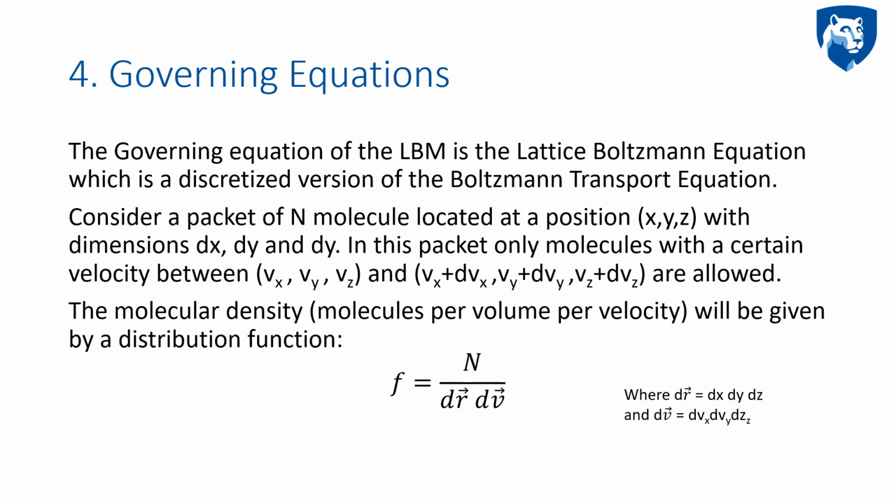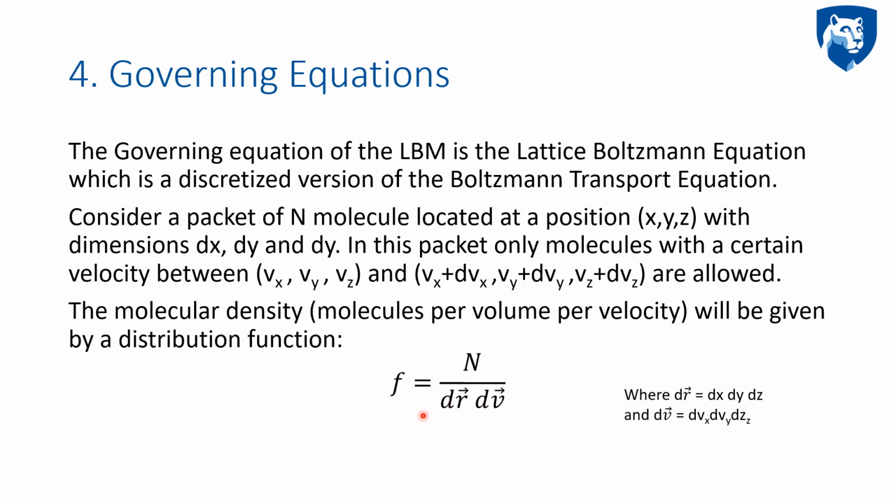And we're only allowing the molecules with a certain velocity in this packet, and that velocity is in between vx, vy, vz, and vx plus dvx, vy plus dvy, and vz plus dvz. So the molecular density within this packet will be given by a distribution function f, which is given right here.